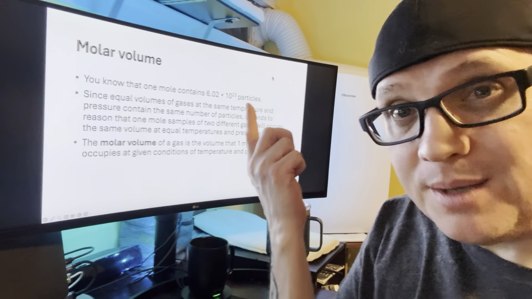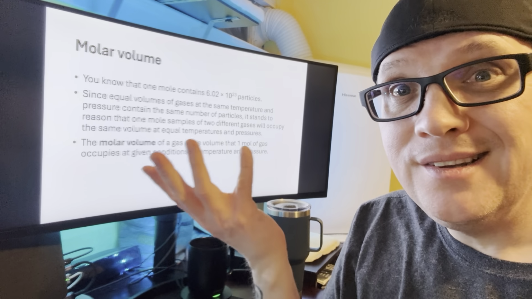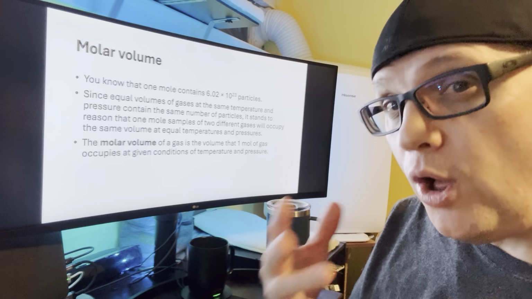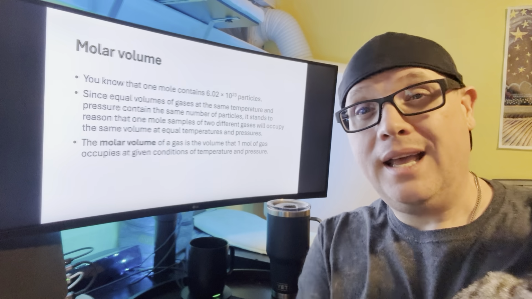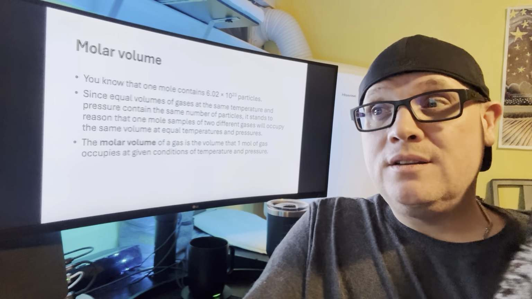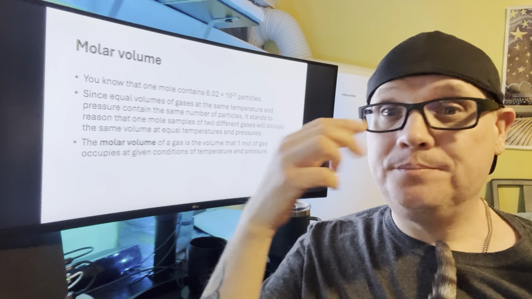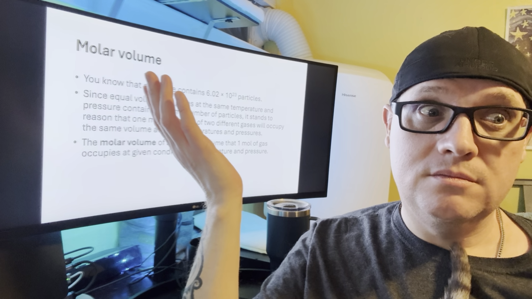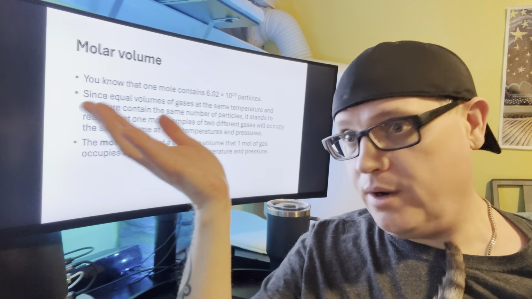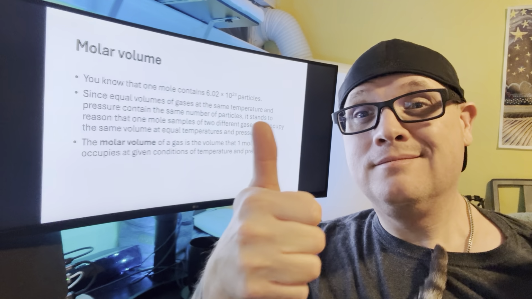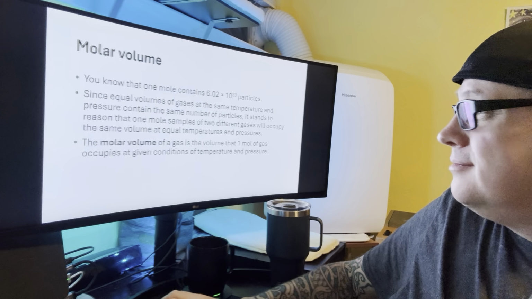So 6.02 times 10 to the 23rd particles is what you get. The molar volume of any gas, 1 mole of it, is going to have 6.02 times 10 to the 23rd particles in it, because 1 mole of anything is 6.02 times 10 to the 23rd.